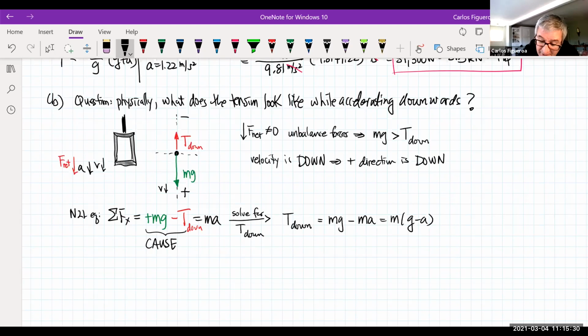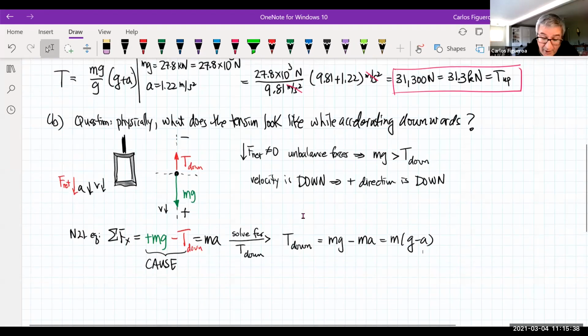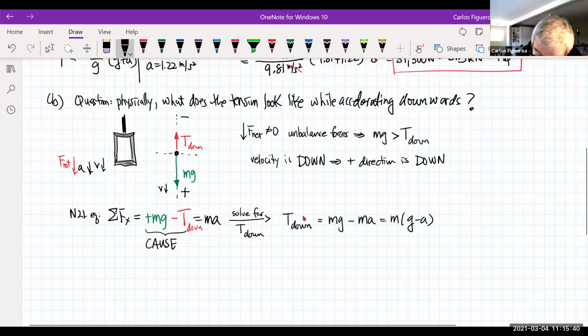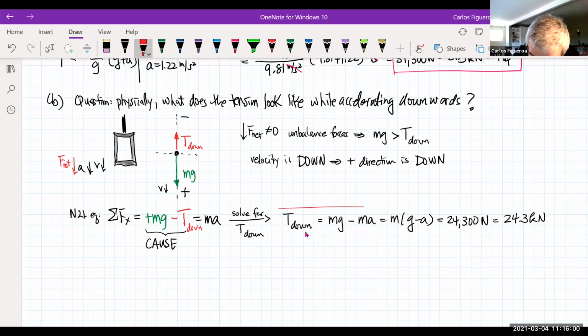So if I plug in my numbers, they're the same g, the same a, and I'm going to apply the same trick that I did up here. I'm just going to write in the number this time. So numerically, if you compute this, I ended up getting 24,300 newtons, or I can write this as 24.3 kilonewtons. So when you're looking at this, I now have the tension.